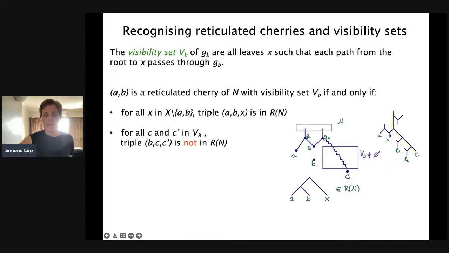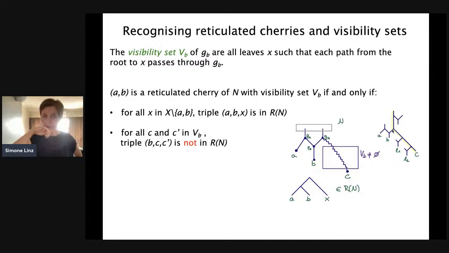Now, at some point later, you want to reattach B back into the smaller network that you're given by the induction assumption. I will come to that later. You need to somehow pinpoint down this edge and the 2 endpoints of this edge. And these paths here, indicated in yellow, can be quite large, and they can have lots of stuff hanging down from them. So it's important that we find a way to pinpoint down exactly this vertex. And that's why we need the visibility set.